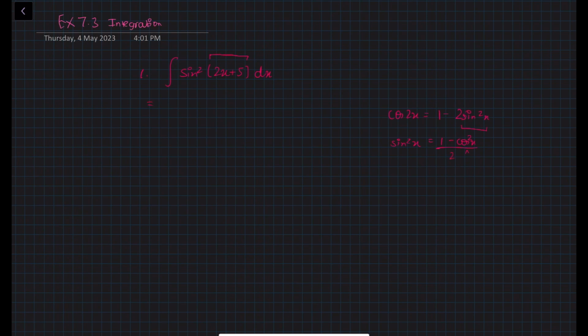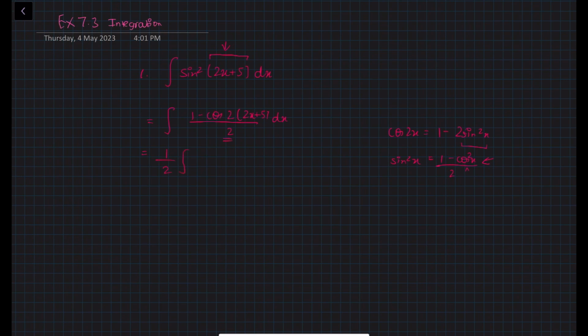So making substitution here, this of course is equal to 1 minus cosine, and here we have a cosine 2x, right? And here the argument is not x, but it's 2x plus 5. So it's going to be cosine of 2x plus 5 over 2 dx. I'm going to take this 1 by 2 outside the integral.